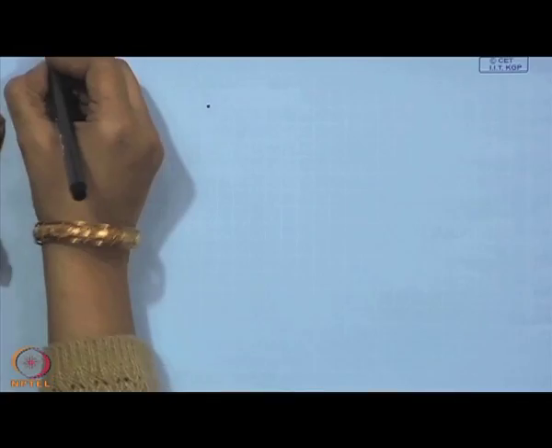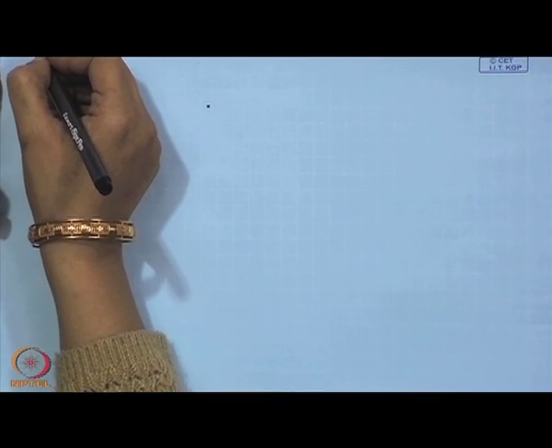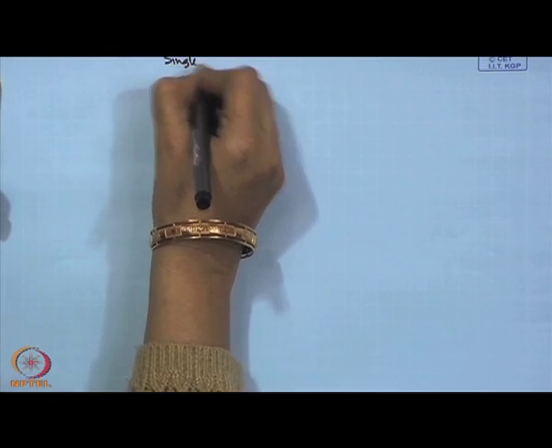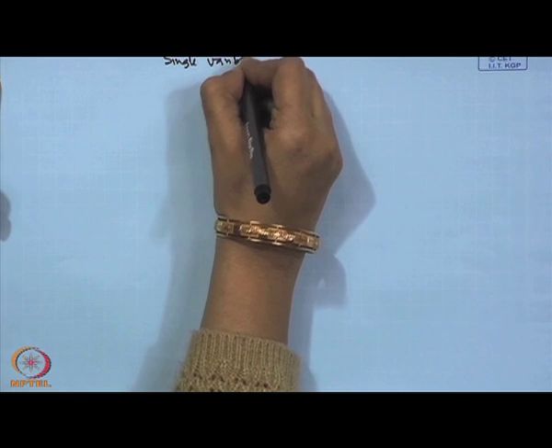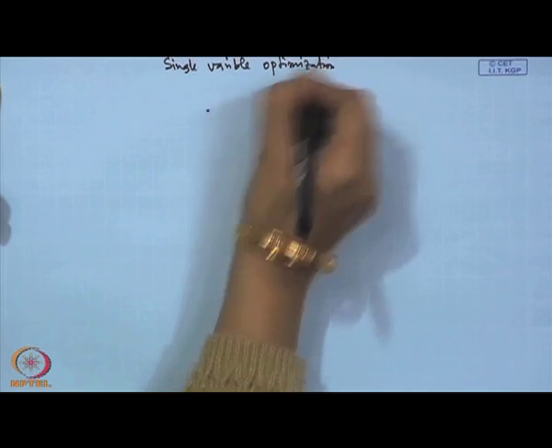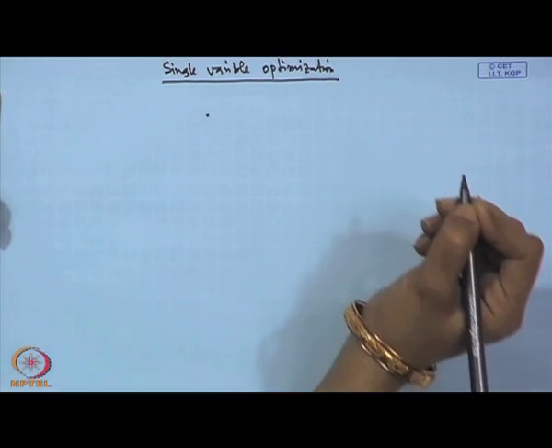Now, let us start our discussion with the single variable unconstrained nonlinear programming problem. That is the simplest case. That is why I am moving to the next part, the numerical method for solving unconstrained nonlinear programming, where a single decision variable is involved. That is why I am moving to single variable optimization techniques. There is a certain procedure for solving a single variable nonlinear programming problem where there is no constraint.